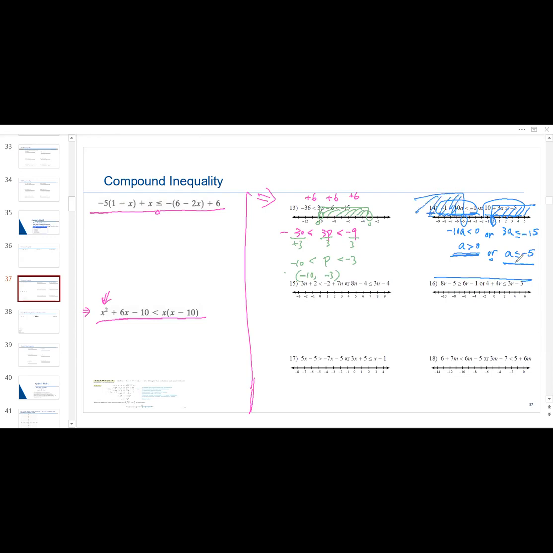But they contain the equal sign, so this part needs to be filled. So it's -infinity to -5, and we use this kind of symbol called U, union, not the intersection. And here is 0 to positive infinity. Okay, so that's this situation.